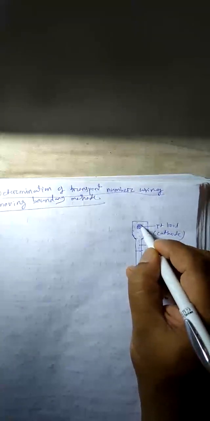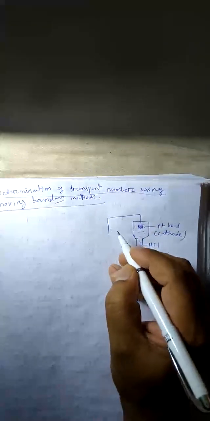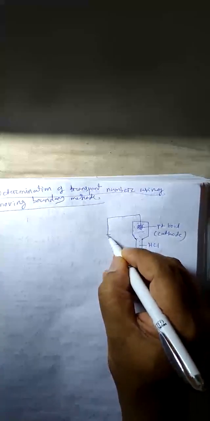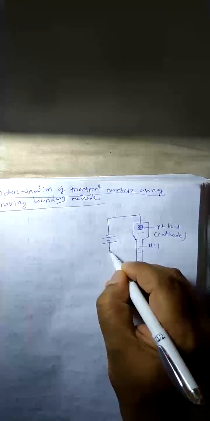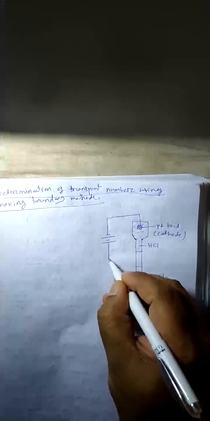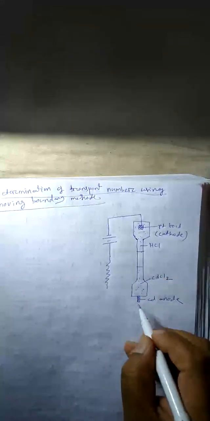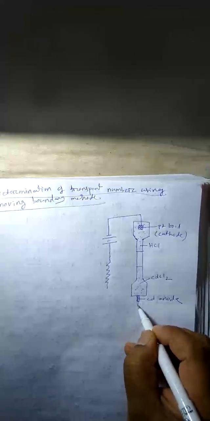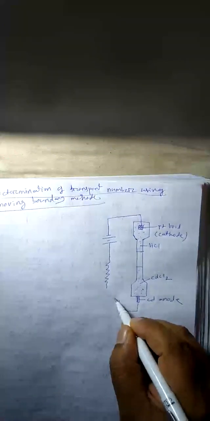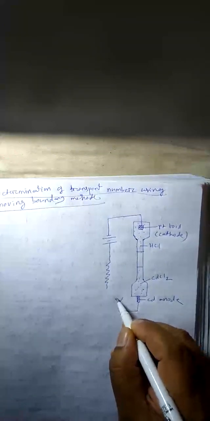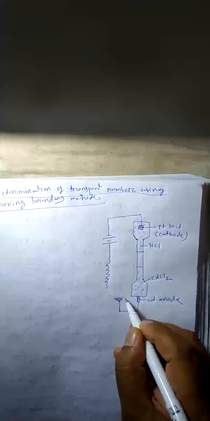This cathode is connected to a battery, and this battery has some resistance, like a rheostat. Then this anode contains a coulometer. We already told you a coulometer is the means by which we can determine the amount of current passed in the instrument.